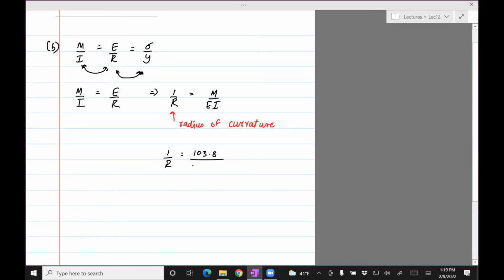E is 10.6 times 10 raised to 6. And then I was computed as 12.97. So 1 divided by R equals, I get 110.4. By the way, it's 110.4 feet.